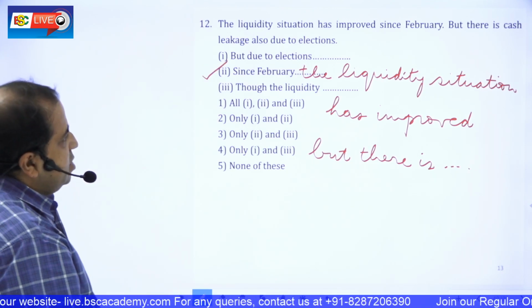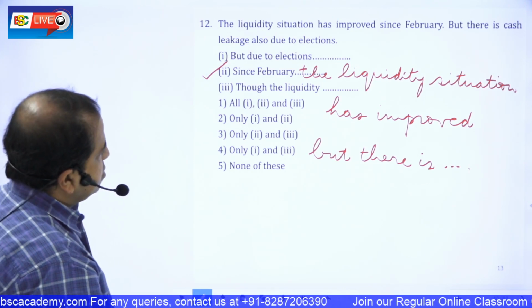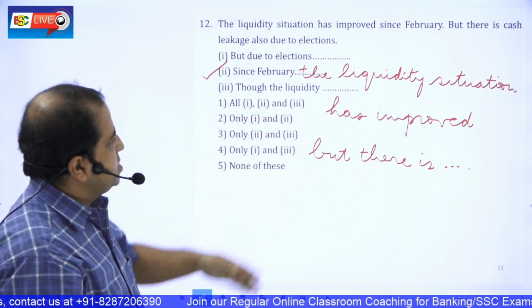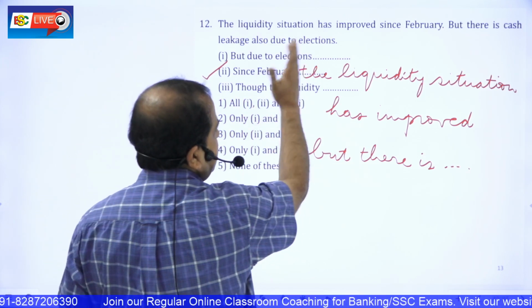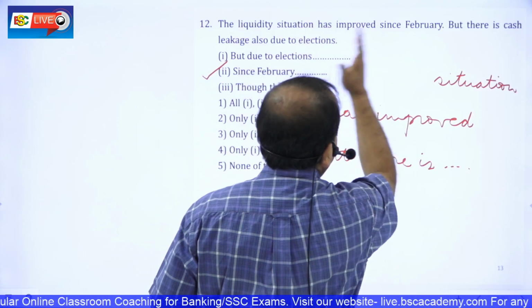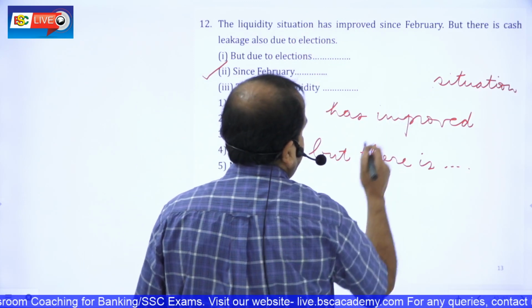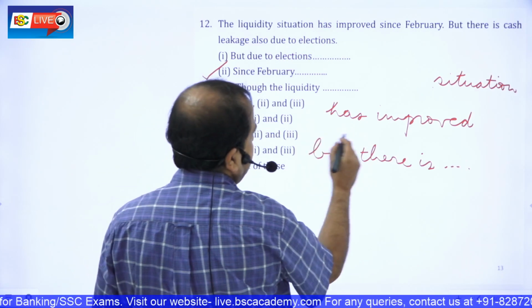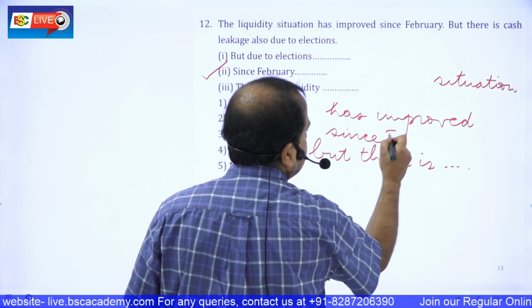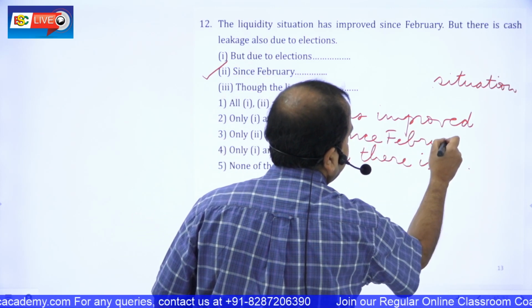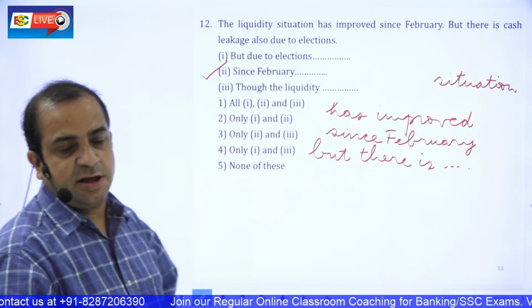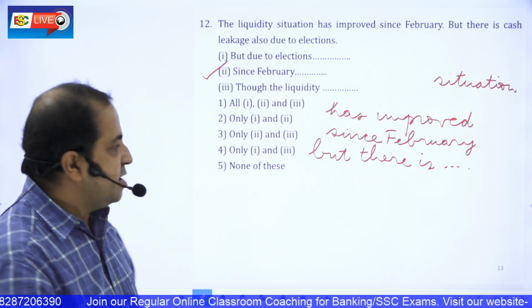Now let us see 3. 3 again is just putting the two sentences together. Though the liquidity situation has improved, we just remove liquidity from here. So though the liquidity situation has improved since February, and because there is though, now but cannot come. With though, we either use nothing or we use yet.